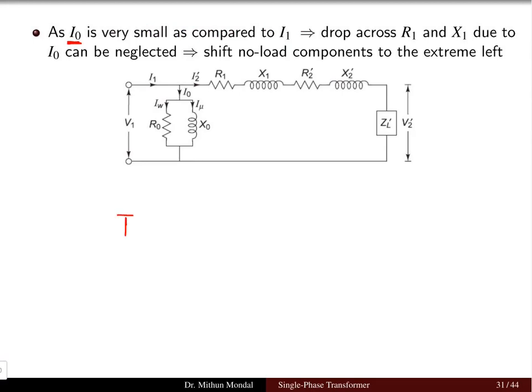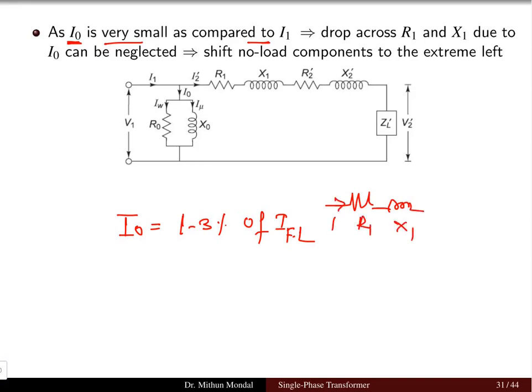The no load component of the transformer current is basically 1 to 3% of the full load current, whether it is I1 or I2. So I0 is very small as compared to I1. Hence, when the current I0 flows through R1 and X1, the drop and the loss due to it is very small.